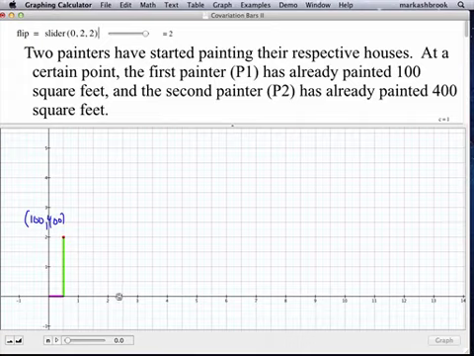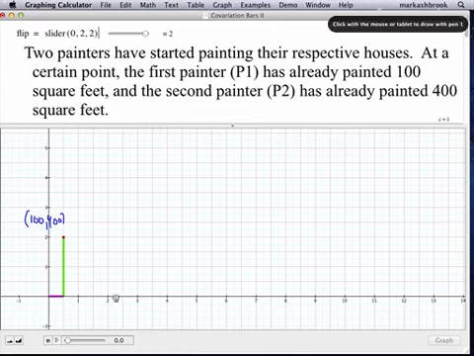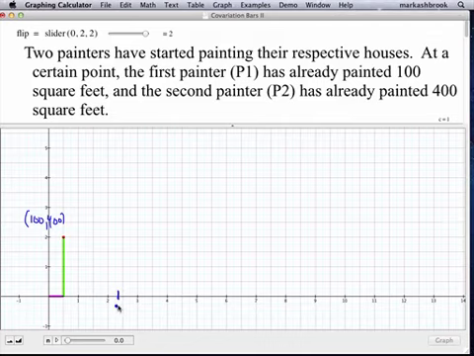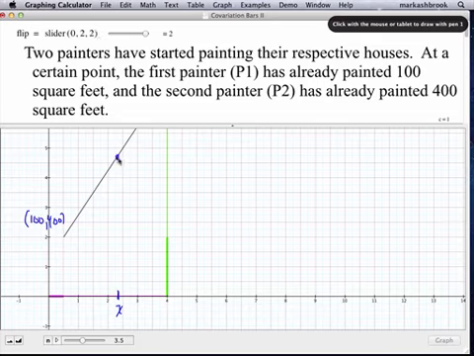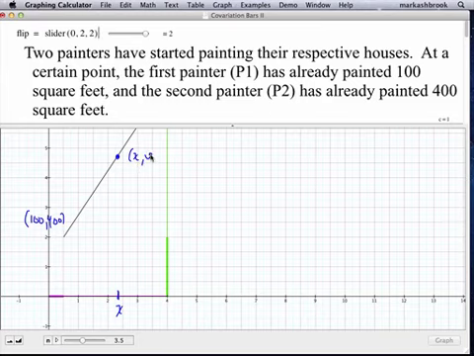So I want to know for any x value, what will the corresponding y value be? So let me turn that on and do it. So don't look at the numbers here. That x represents any total amount painted by painter 1. And then there's the corresponding amount by painter 2.